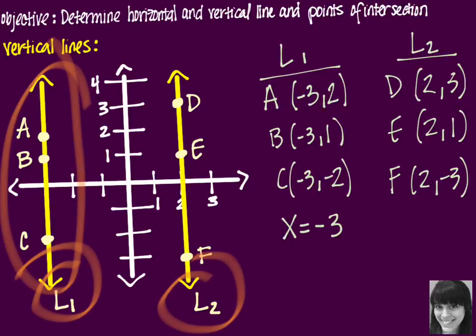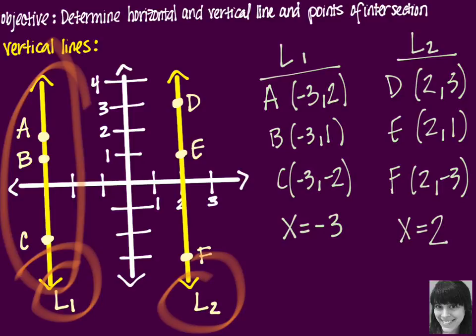All right? Now, if I were looking at line 2, does it matter what y is? No, y can be any of these numbers, right? It just matters what x is. What is the x value going to be? X is going to be 2.